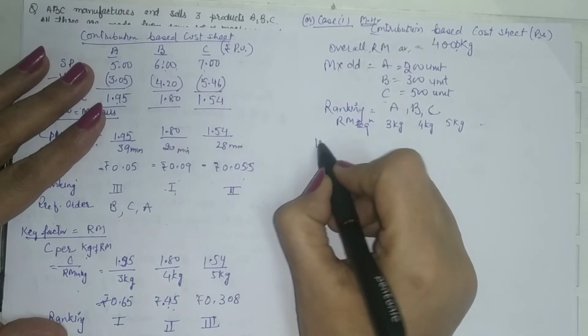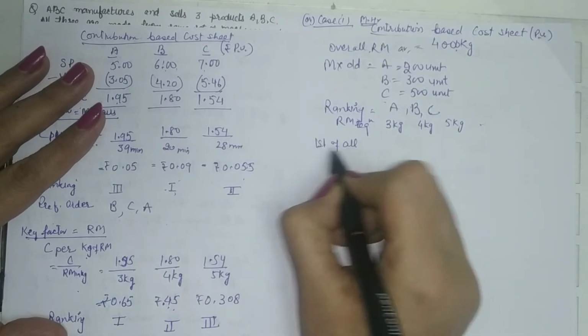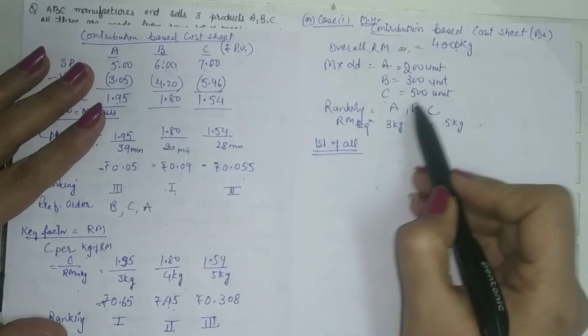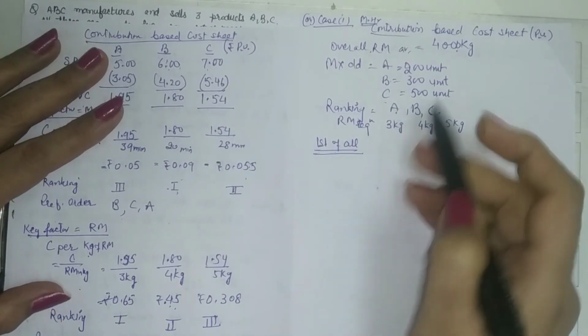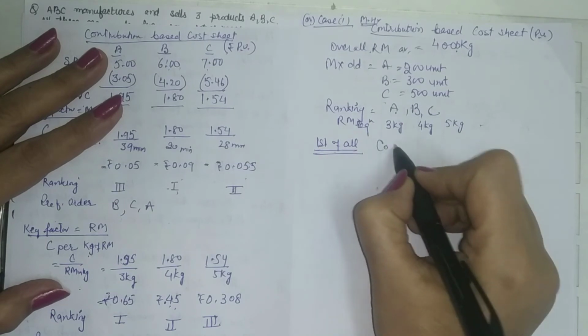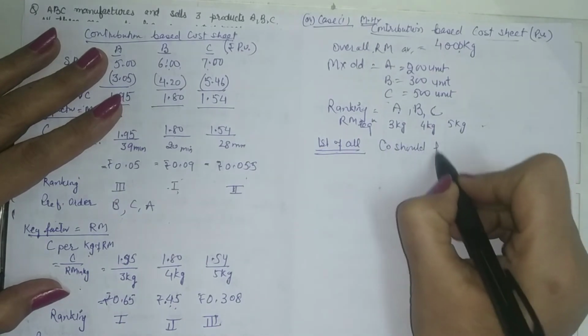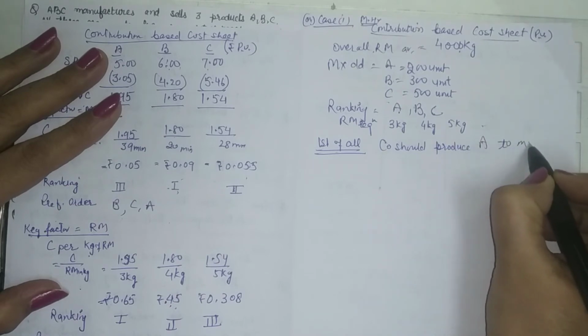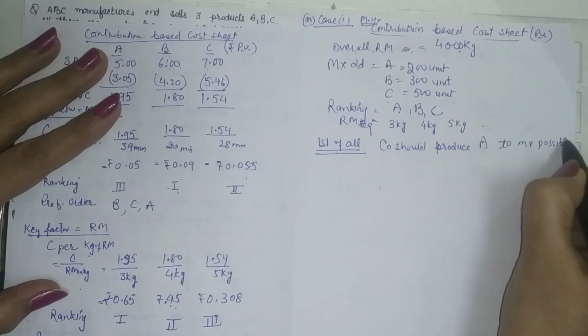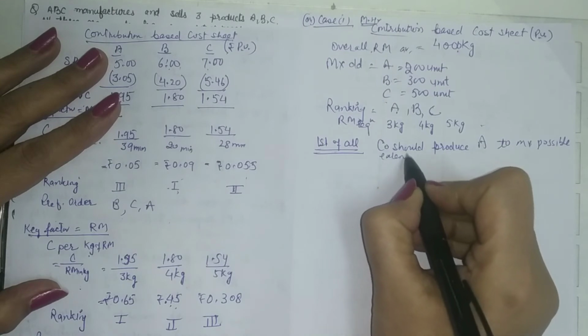So first of all, which product should be produced out of A, B, C? Since A is first in the priority ranking, the firm or company should first manufacture A to the maximum possible extent. Isn't it? So what is the maximum extent?